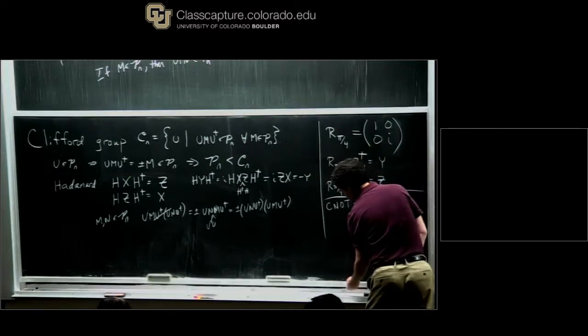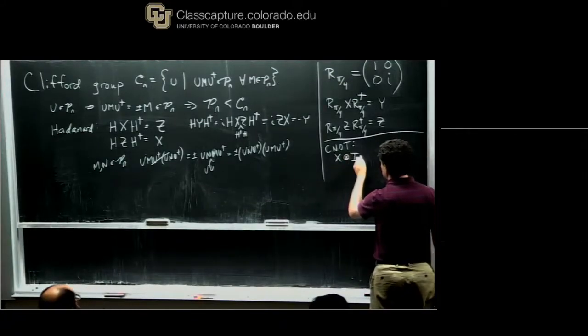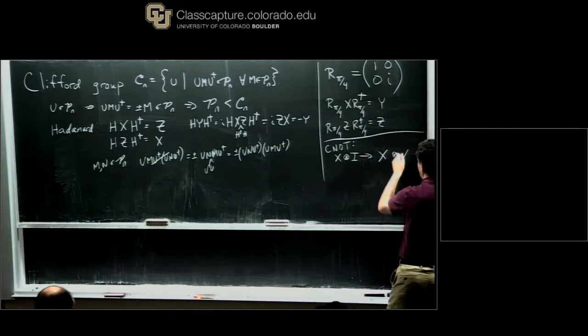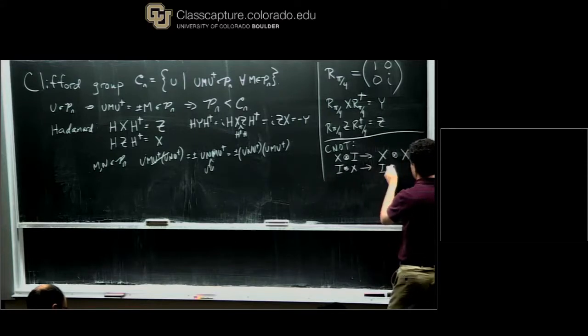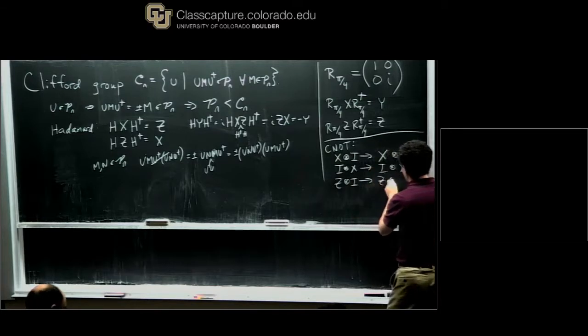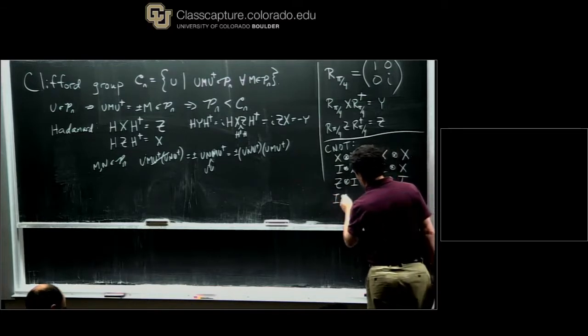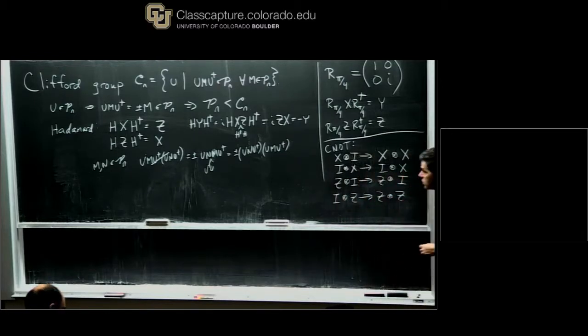It turns out that XI goes to XX, IX goes to IX, ZI goes to ZI, and IZ goes to ZZ. Okay? And again, I'm not going to actually do the matrix multiplication, but you can do it if you want and find that this is what you get.